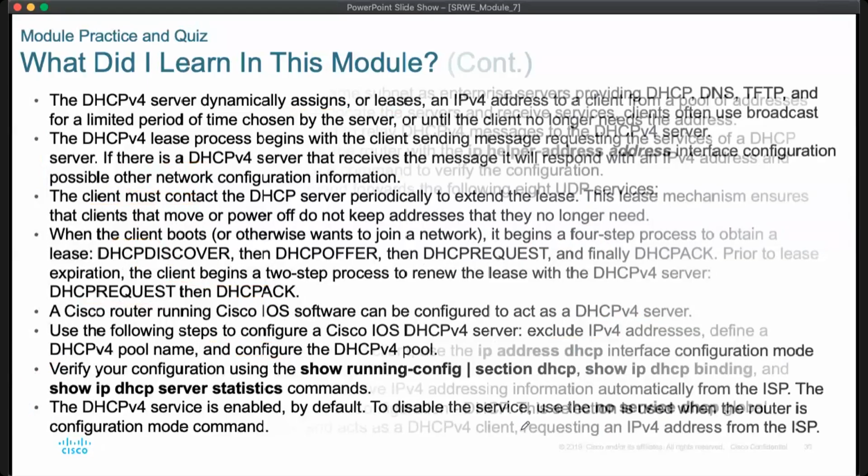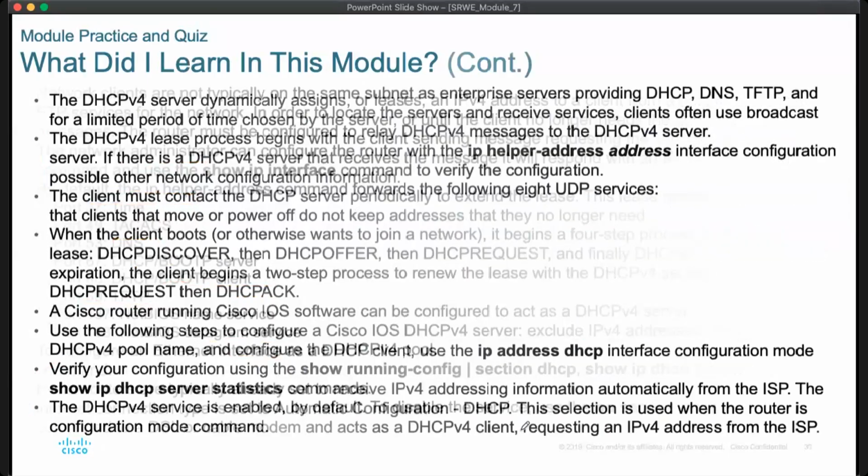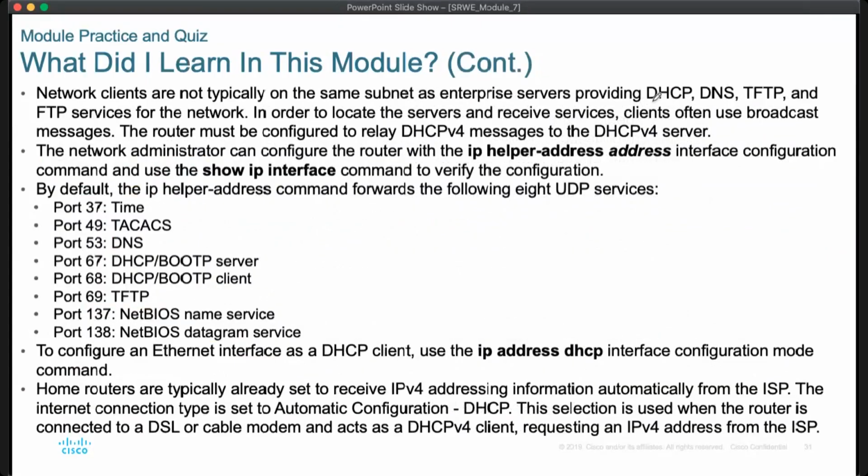Next, network clients are not typically on the same subnet as the enterprise server providing DHCP, DNS, TFTP, and FTP services for the network. In order to locate the server and receive services, clients often use broadcast messages. The router must be configured to relay DHCP messages to the DHCP server.